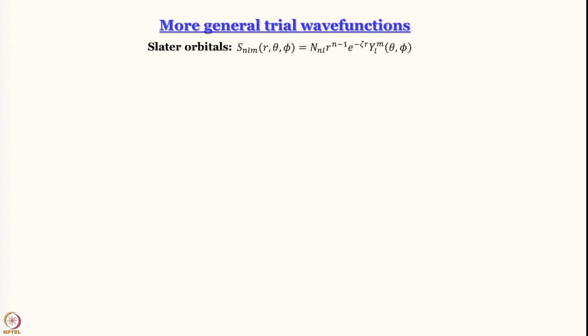So, now we start thinking of more general trial wave functions. Remember our previous discussion of variation method, we had said that you can actually use any function to construct the wave function. Remember the elephant that I showed in the opening slide.